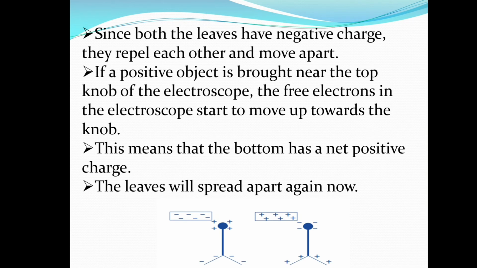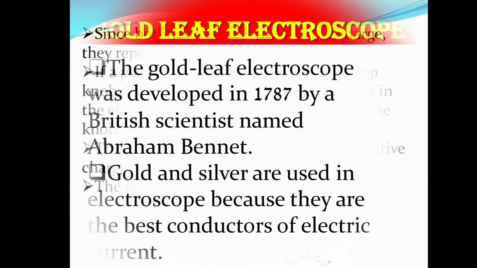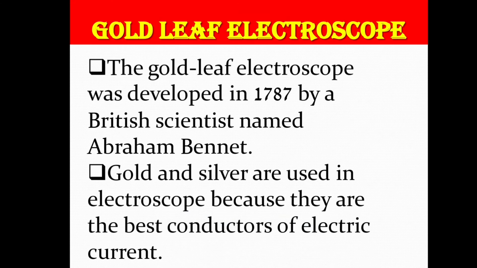The last topic of today's video is the gold leaf electroscope. The gold leaf electroscope was developed in 1787 by a British scientist named Abraham Bennett. Gold and silver are used in an electroscope because they are the best conductors of electric current.